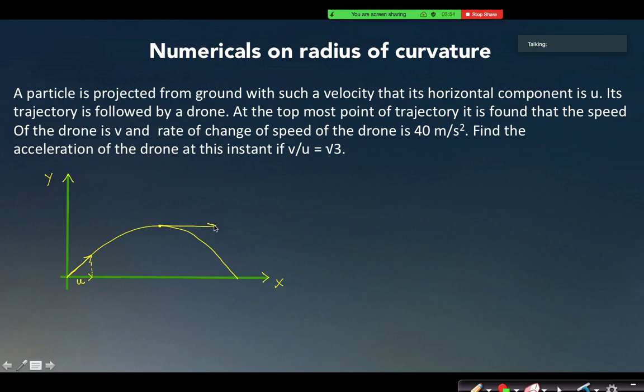The velocity of the particle will still be u. What is the acceleration of the particle at this point? G, yes, acting downward. This is the acceleration of the particle at this point.